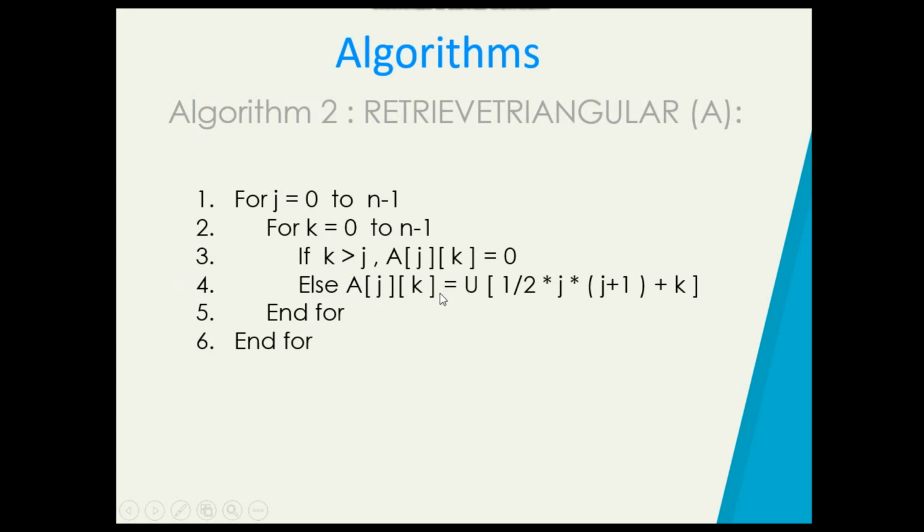Otherwise, we will sequentially pick an entry from the unidimensional array and map it to the lower triangular matrix. If it was an upper triangular matrix, the condition would have been reversed, and the if statement would have been that if k is less than j, the resulting entry will be 0. Let's dive into the algorithm.